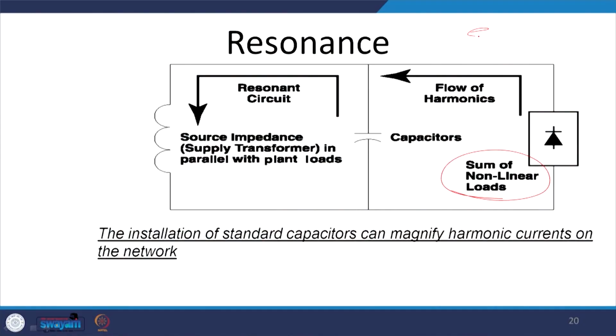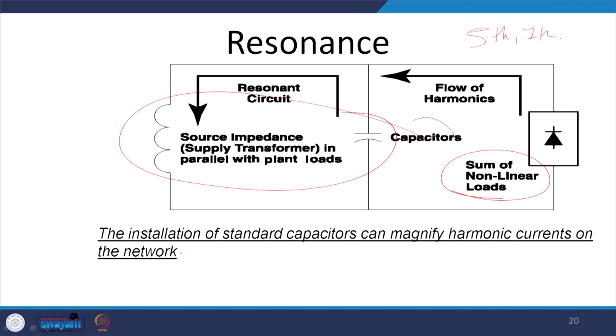There is a sum of nonlinear loads that generate the 5th harmonic, 7th harmonic and so on. So, you have a capacitor and you have an inductor. This may set a particular frequency, and this frequency may be close to the particular harmonic being generated, and that harmonic will find resonance in this tuned circuit, and it will set up resonance for the harmonics.